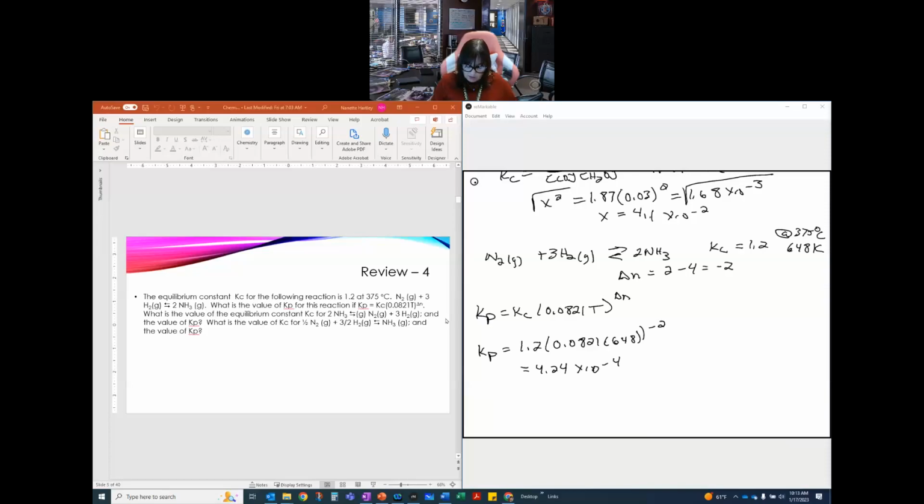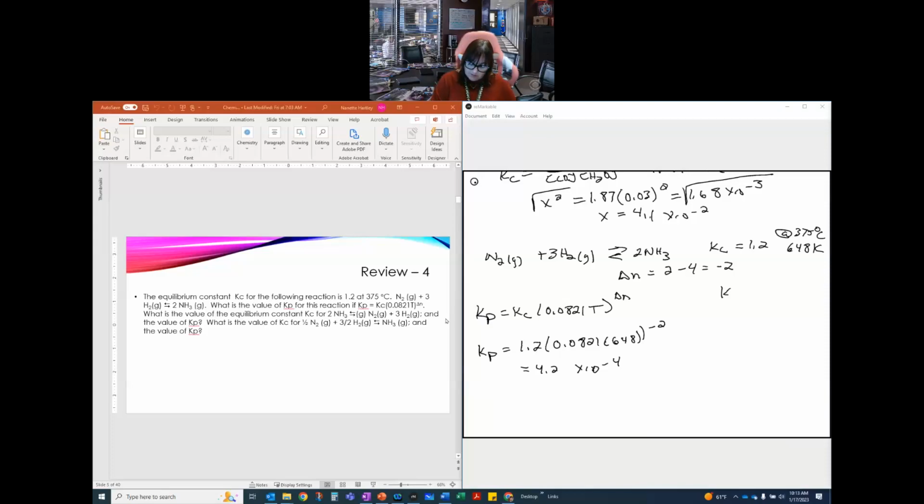And actually, it should be 4.2 for sig figs, because I only have 1.2 for the Kc that I was given. Okay. So what is the value of the equilibrium constant for the reverse reaction? One of the questions they asked: what is the Kc for the reverse reaction?